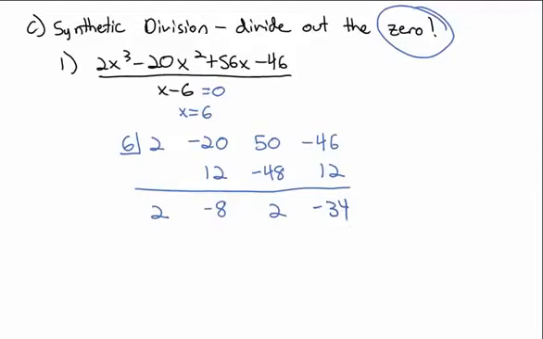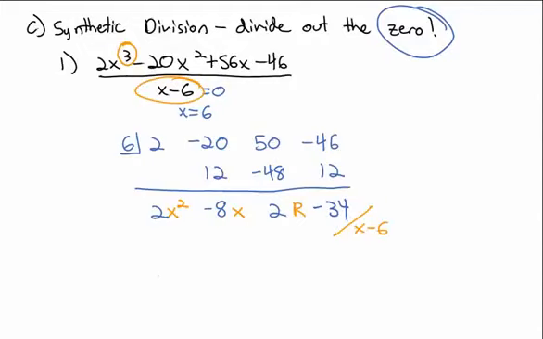To get the variables in there, we're going to drop 1 off of the x cubed, the leading coefficient. So we have x squared, x, and a constant, and the last part is the remainder. We can either say this is a remainder, or we put it over the denominator of x minus 6.